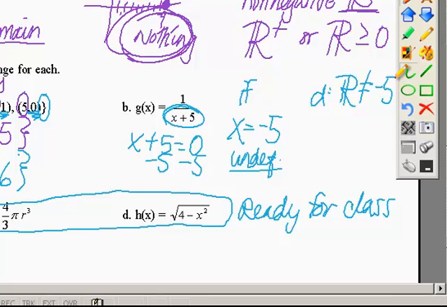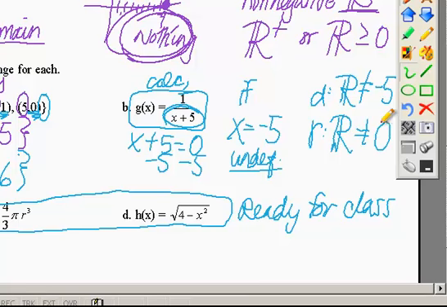For my range, I'm going to plug this into my calculator and look at my table or my graph. Is there any number I can't touch? No matter what, I'm never going to get a fraction equal to 0, because this numerator could never equal 0.